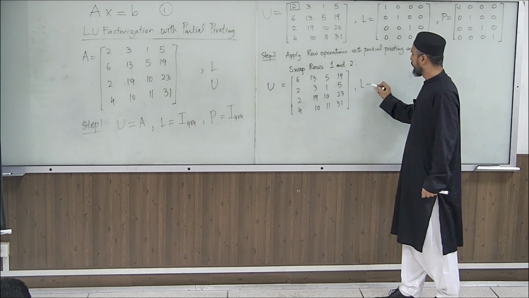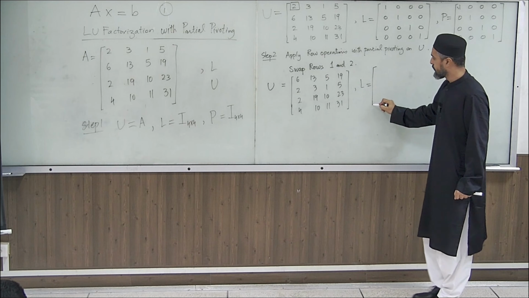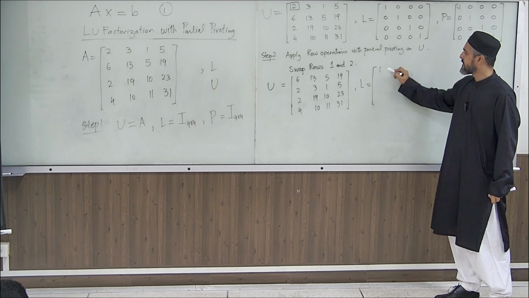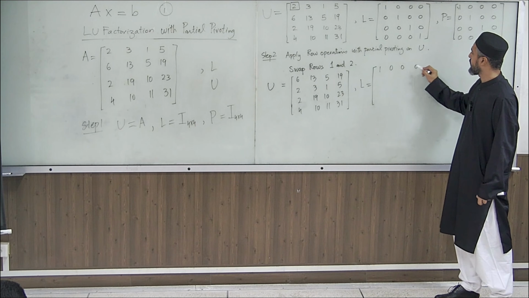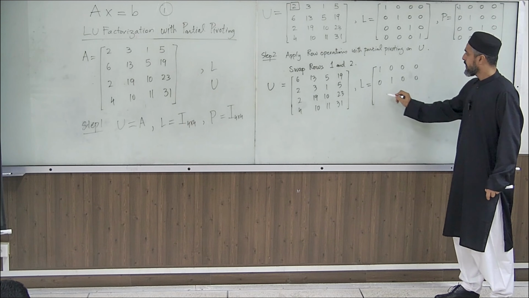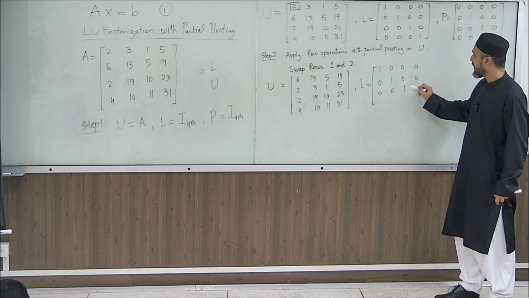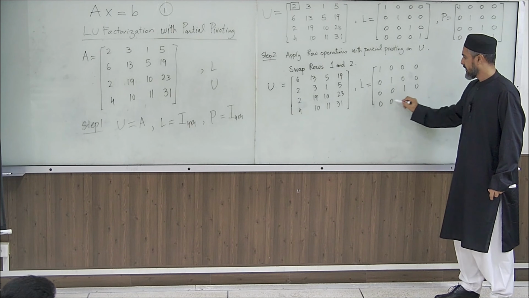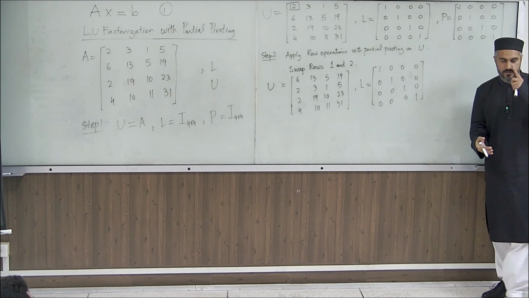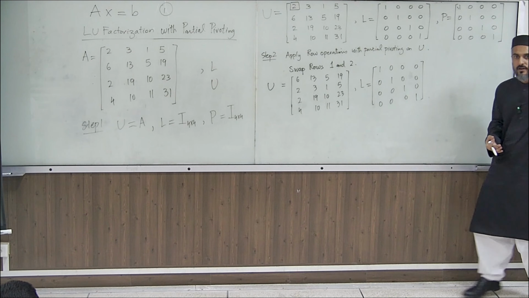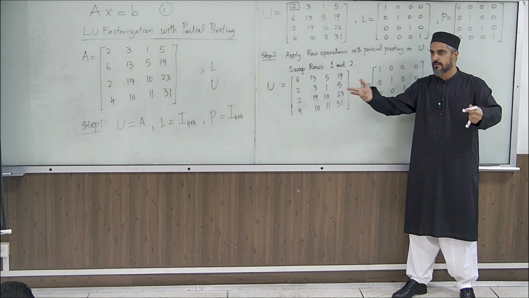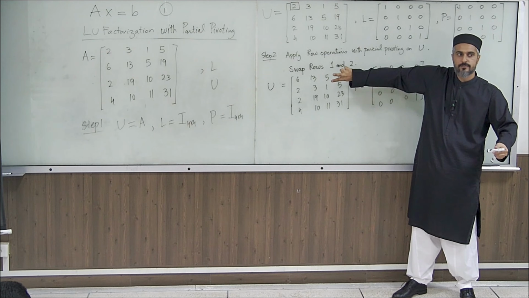Now we are not going to do anything to this particular matrix, which we call the lower triangular matrix. But we have changed the rows of the original matrix A. Now this is not the original matrix A, it has been changed. The first row and the second row have been swapped.